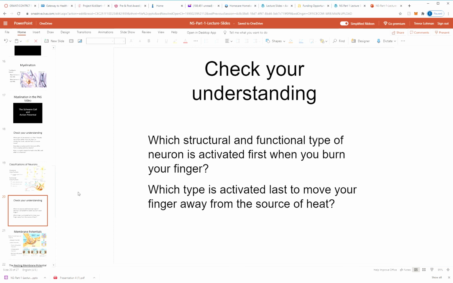But what's the structure of sensory neurons? The structure is pseudo-unipolar. So when you touch a hot stove, the first thing that's activated is a pseudo-unipolar sensory neuron. And then what is activated last to remove your finger from the source of heat? That's going to be a multipolar motor neuron. Multipolar is structural, motor is functional. So a multipolar motor neuron is what's activated to remove your finger.